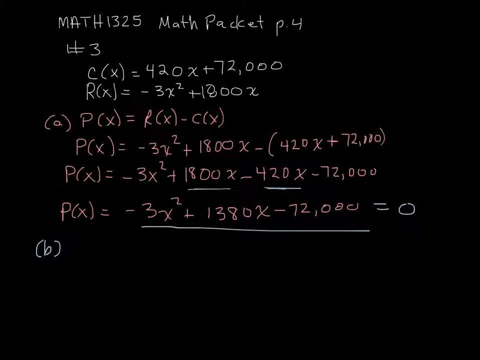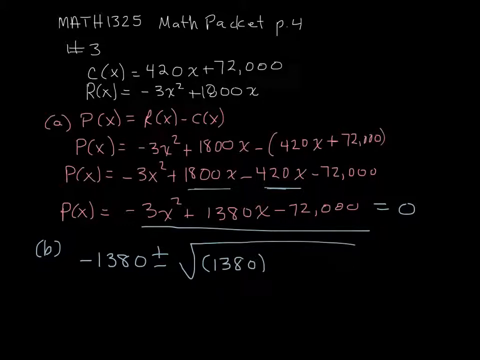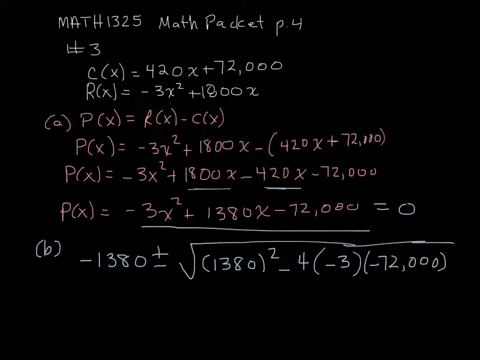Well, I don't know about you, I cannot factor this, so I'm going to have to plug this into the quadratic formula, which says minus b, and my b's the 1380, plus or minus the square root of b squared minus 4a, which is negative 3, c, which is negative 72,000, all over 2 times a, which is negative 3.